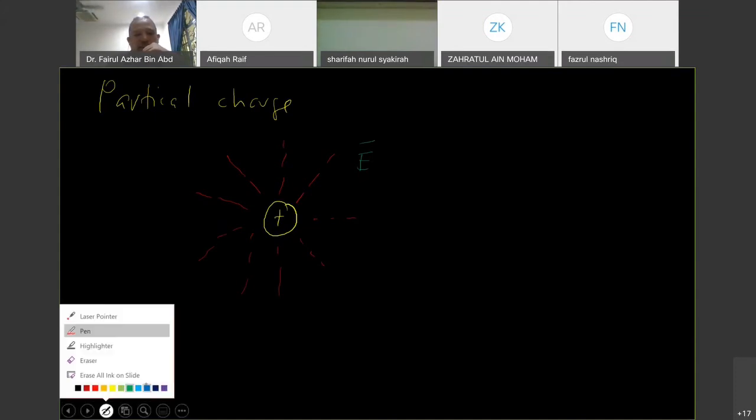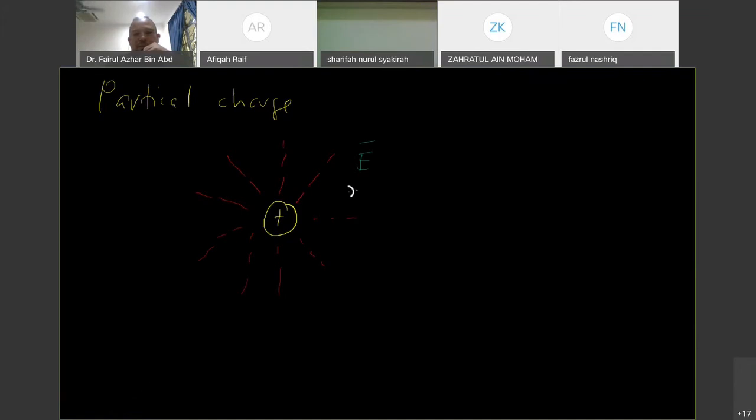We have one test point P here, so we can find E at P. By using Coulomb's law, E is equal to Q divided by 4 pi epsilon r squared, and the unit vector is r cap, for example. In this case, we have free space around this charge.